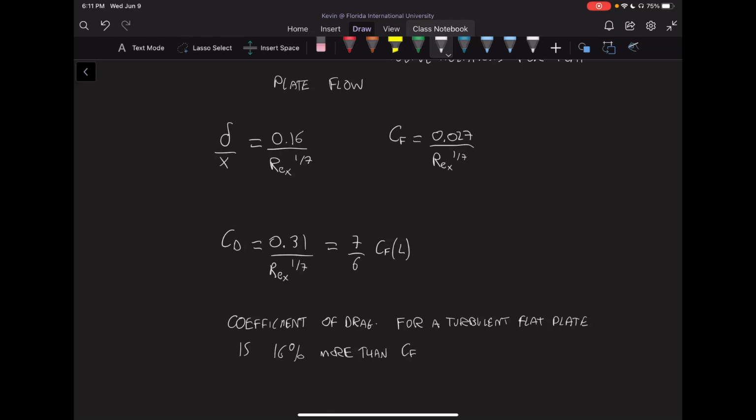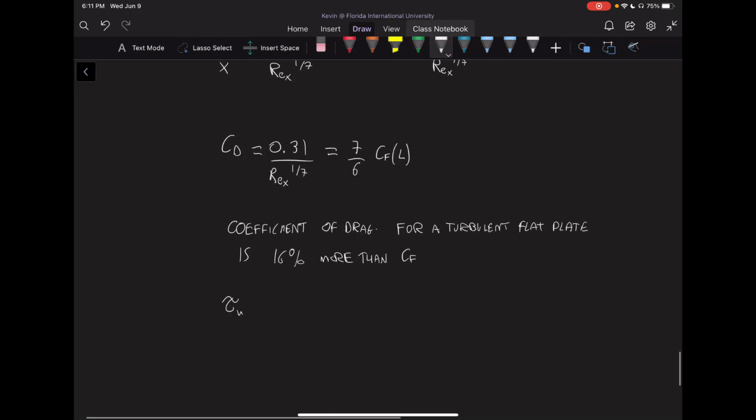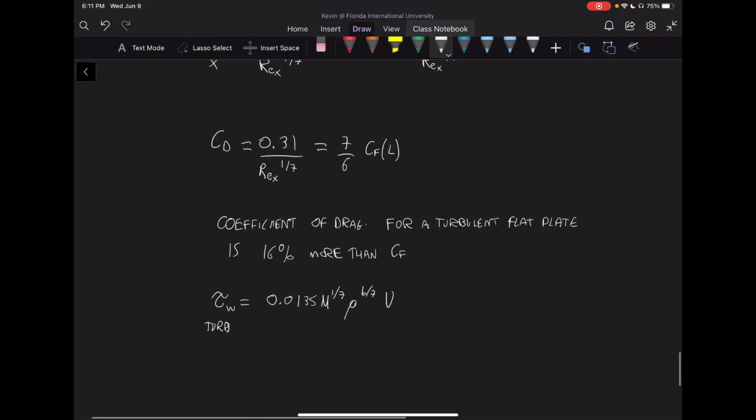Now, going further than this, we can also say that if we're interested in finding tau at the wall for turbulent flow, it is equal to 0.01135 times mu to the 1/7 times rho to the 6/7 times u to the 13/7 over x to the 1/7.